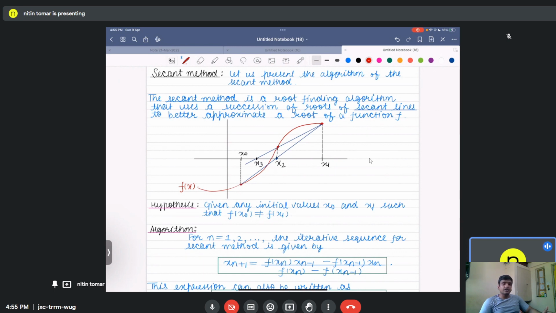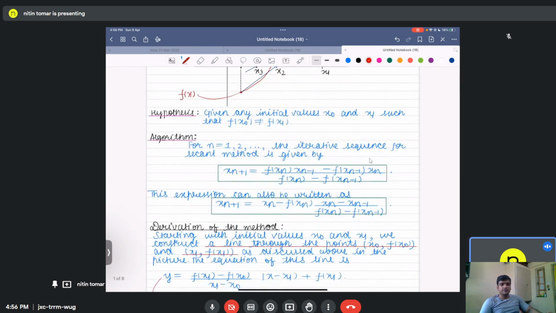You join the line passing through the points (x0, f of x0) and (x1, f of x1), and you continue this line to intersect the x-axis, and that will be a unique point. That unique point we take to be our second approximation. Now you do the same thing for x1 and x2, you will get x3, and you keep on doing this. We formally derive the equation of this method.